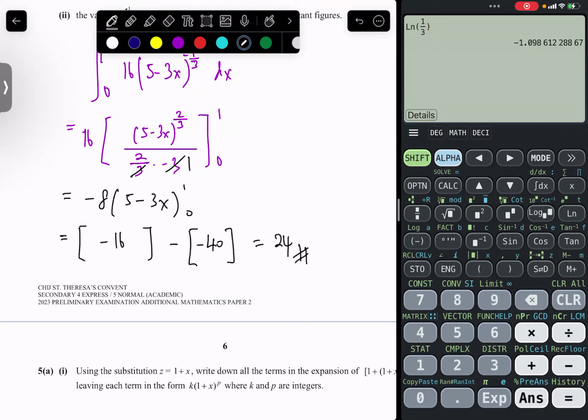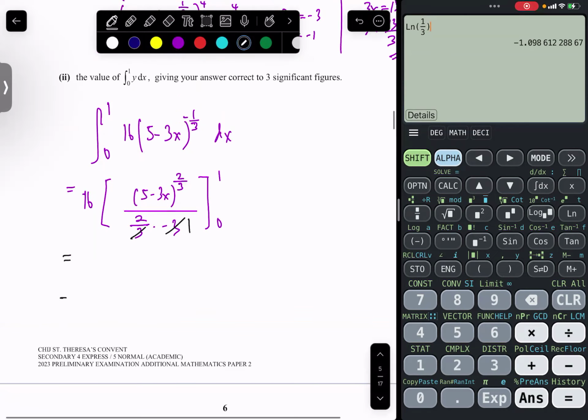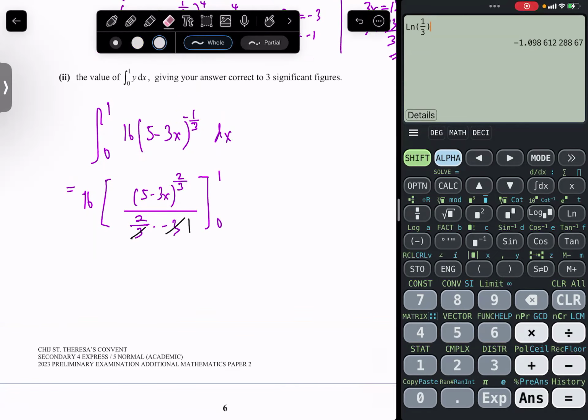Oh, wait, sorry. I missed out the power. The answer is supposed to be 3SF, so that means my answer is wrong. There's a power 2 over 3 that I missed.